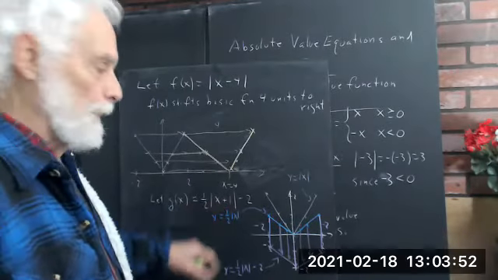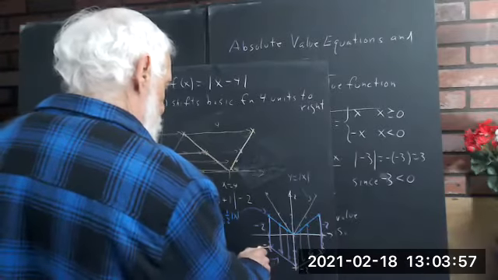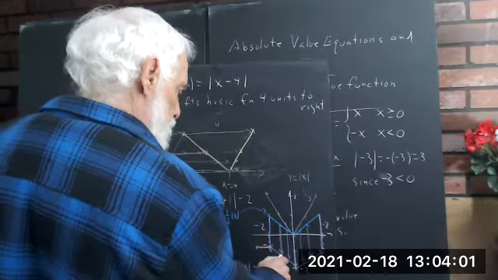And now the horizontal shift is 1 unit to the left. So 1 unit is about this far. About right? I think so.